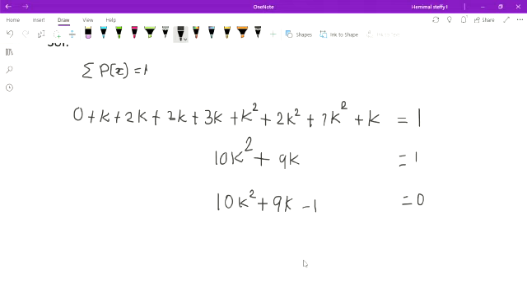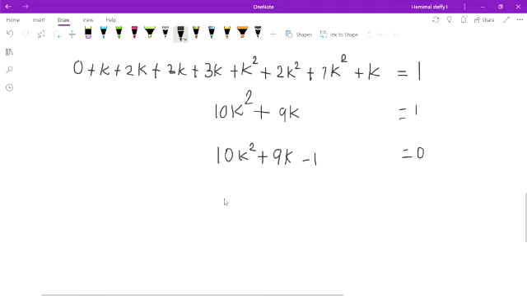On factorizing we get k plus 1 and 10k minus 1 equal to 0.